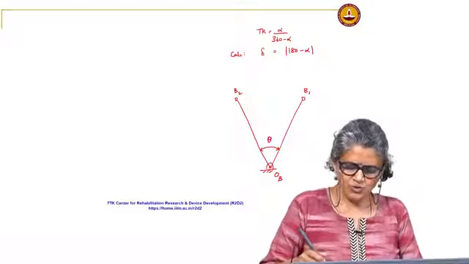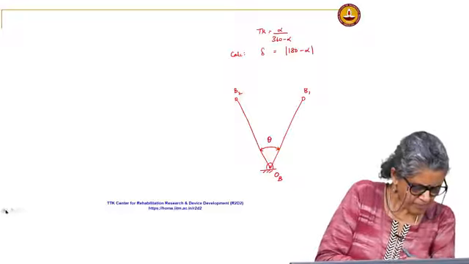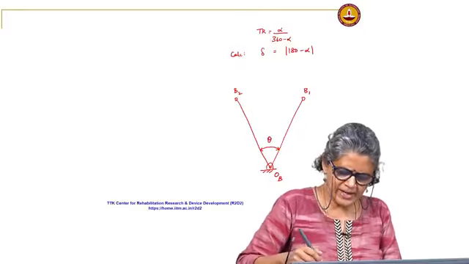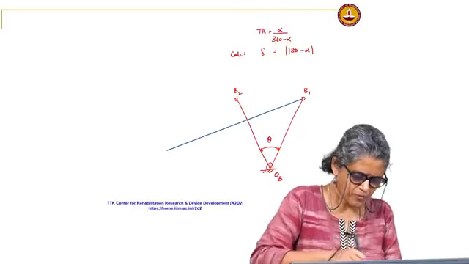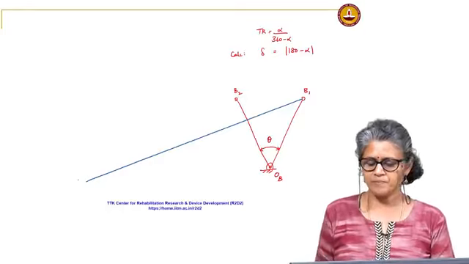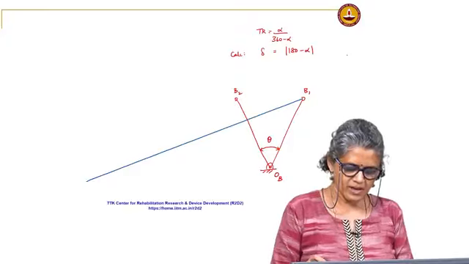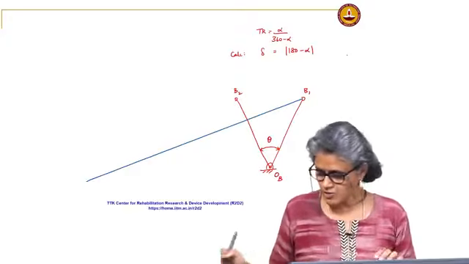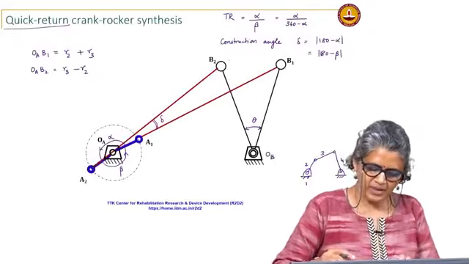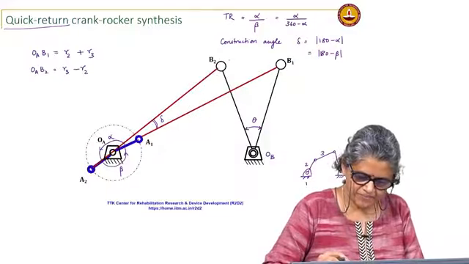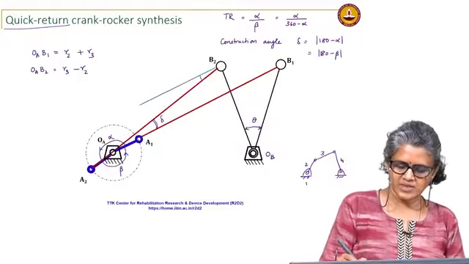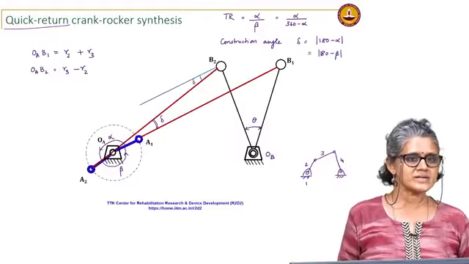Okay. So, I can now draw any line through B1. Then if I look here, this is a line through B1. If I draw a parallel line through B2, this angle should also be delta.